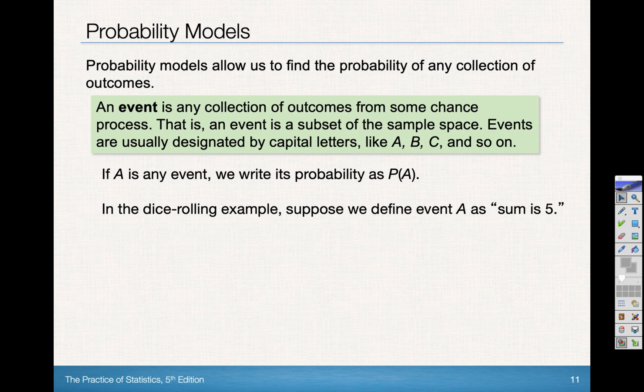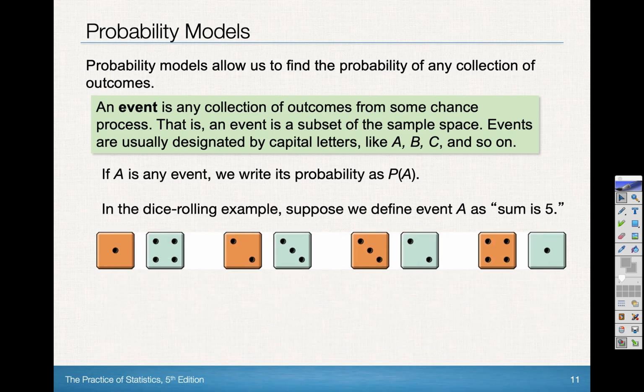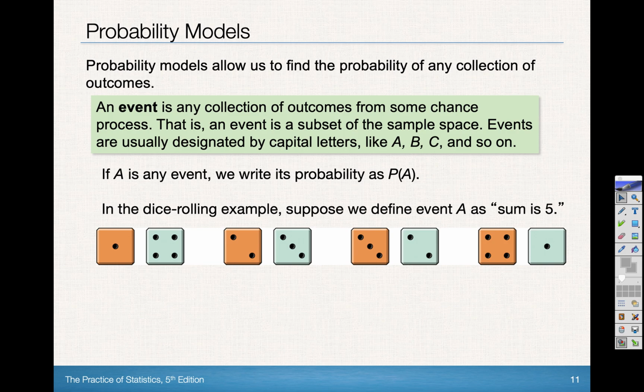So if my event is rolling two dice and getting a sum of 5, so event A is getting a sum of 5, that means I'm looking at the probability of getting a sum of 5 when rolling two dice.